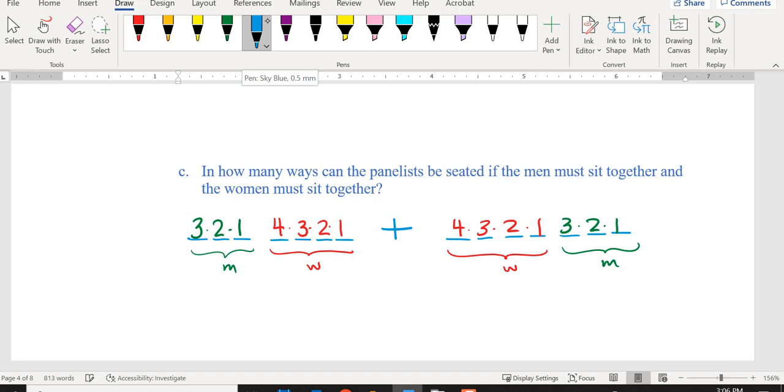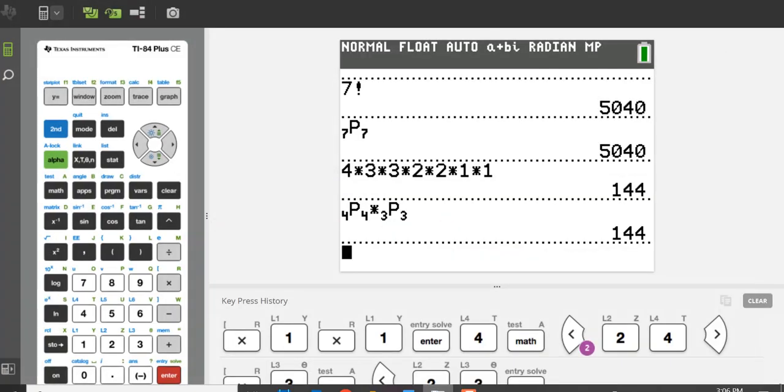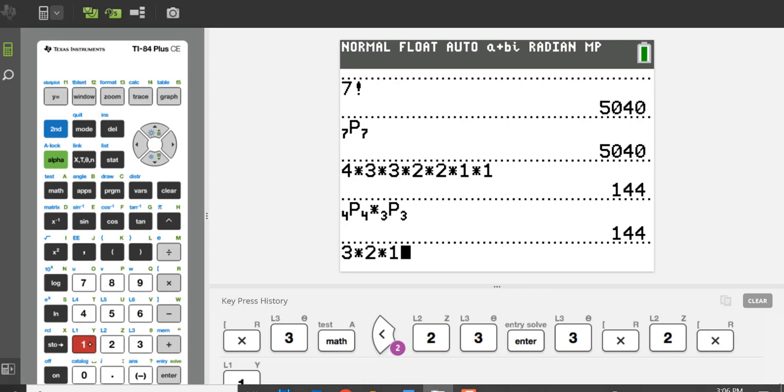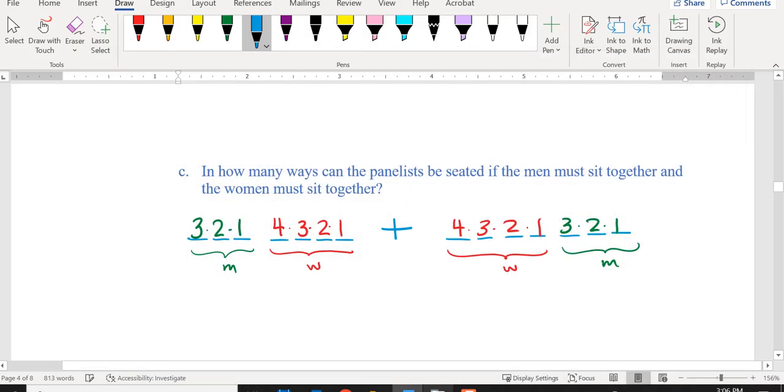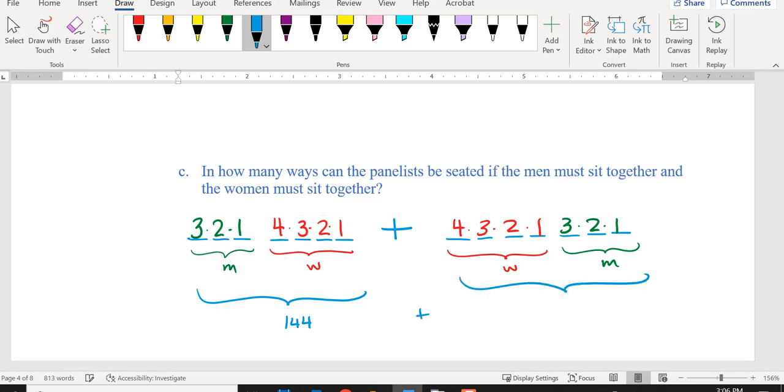If we do this, 3 times 2 times 1 times 4 times 3 times 2 times 1, we get 144 here, and we also get 144 here. So my answer would be 288.